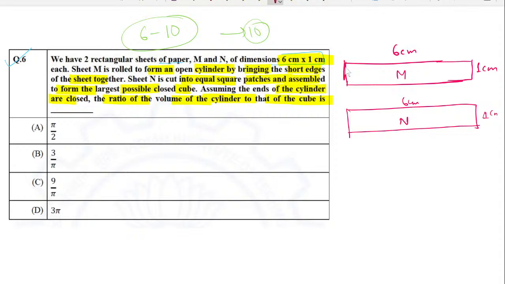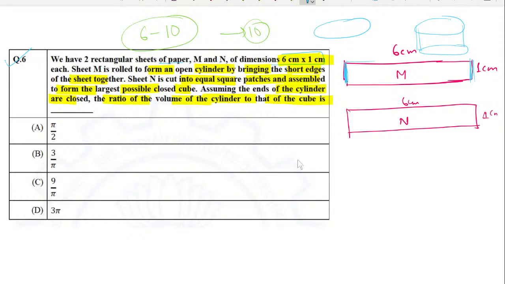That means these two are the short edges brought together, which looks like a cylinder with height 1, and the circumference of the circular edges is 6 cm.